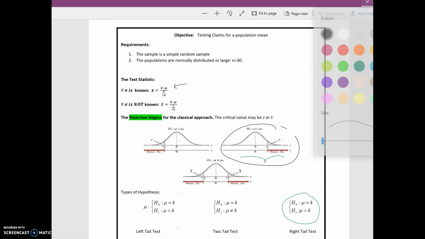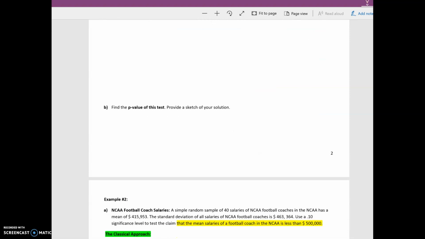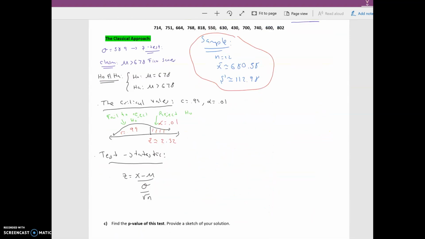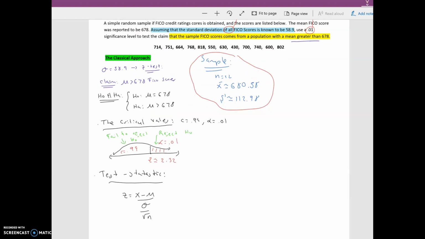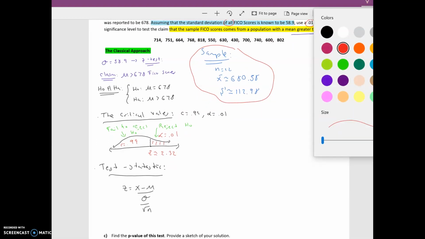We're looking at this formula since we have the value of sigma known, and we're looking at a right tail test. So for this particular one, please evaluate, and we'll compare values in a minute.